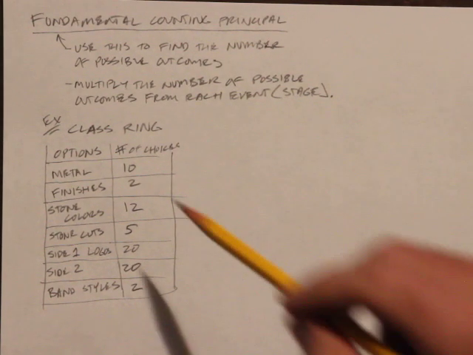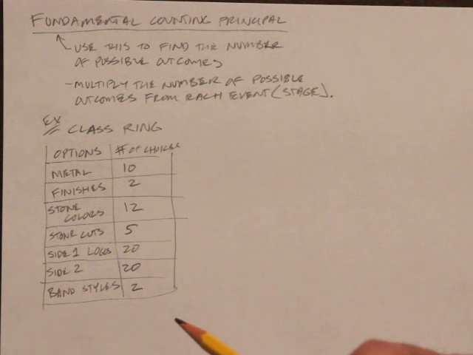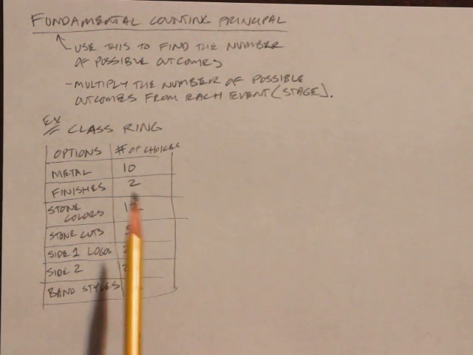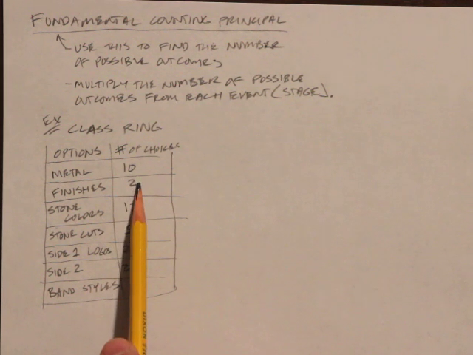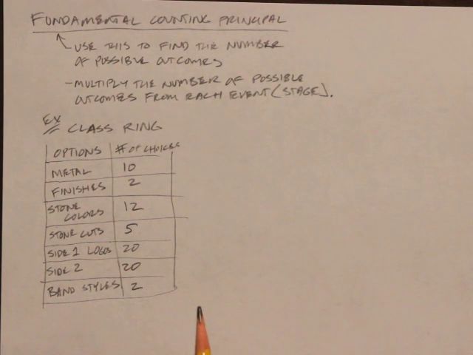And if we were going to list a sample space of all of these different stages, it would be huge. And the way I know it would be huge is if I multiply 10 times 2 times 12 times 5 times 20 times 20 times 2, that's how many possible outcomes there are in this problem.